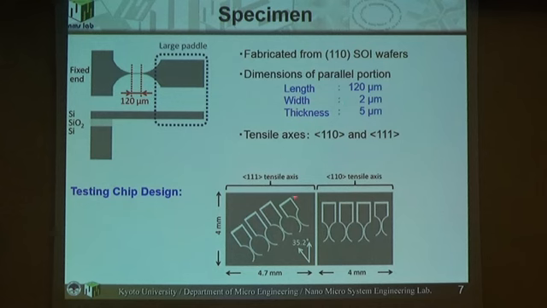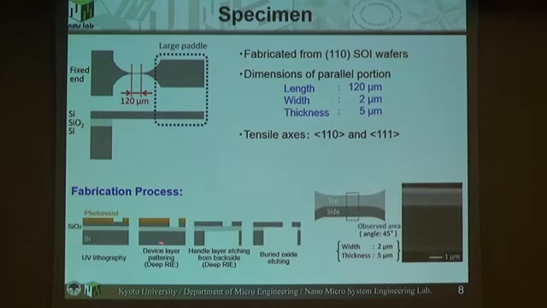By the design, we have two orientations of tensile axis, 110 and 111, on the same wafer, so we can fabricate these specimens on one wafer to eliminate fabrication variation. The fabrication process is very simple for the SOI wafer. After patterning the specimen shape, the substrate is etched and the oxide layer is removed by HF etching.